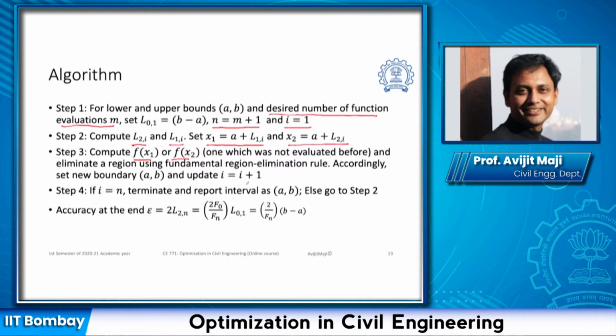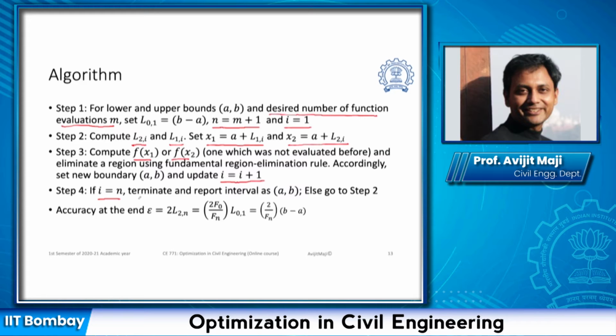Then we use the region elimination method to eliminate one of the regions and set the new boundary accordingly. We increase our counter, the iteration number, by 1, and then check if we have reached the intended number of functions we want to evaluate.